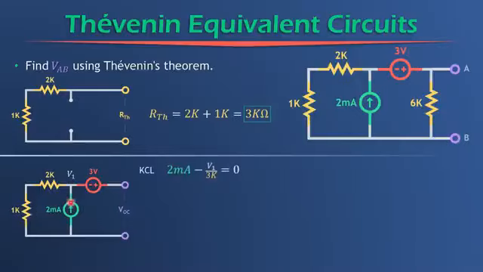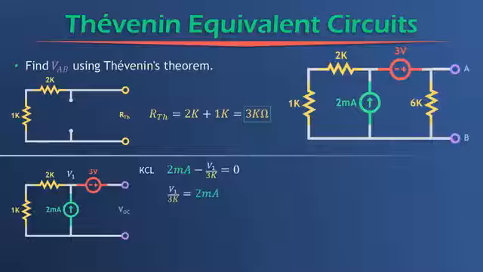So we have 2 milliamps going into the node, and we can't have a current here because this end is disconnected. So we can only have a current through the 2K and the 1K, like so. So the KCL is simply going to be 2 milliamps into the node, and then out of the node comes a current of V1, since that's the voltage here, over the equivalent resistance of 2K plus 1K, which is 3K, and set that equal to 0, because those are the only two currents.